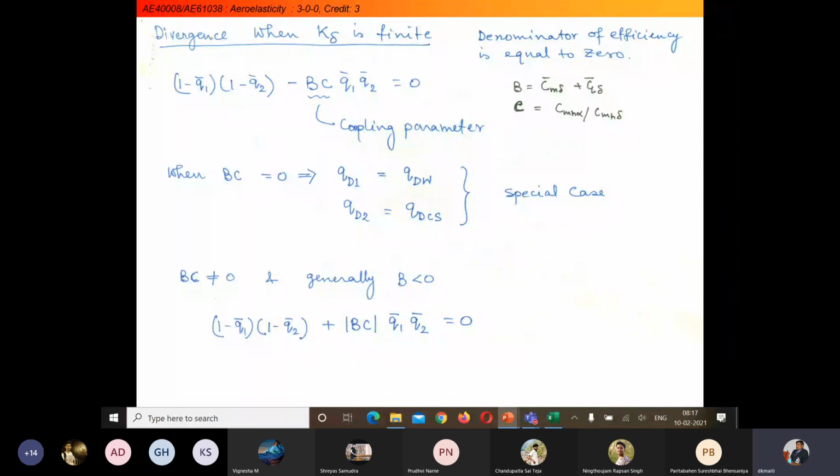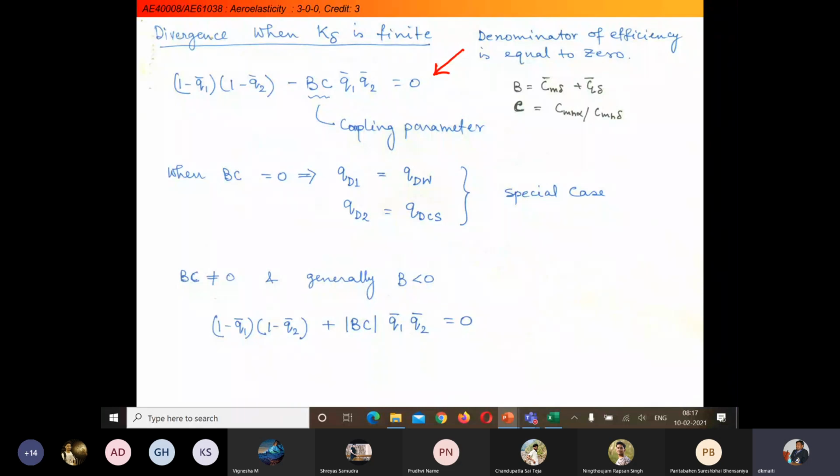The denominator of the efficiency being equal to 0 gives us the efficiency with finite control surface, that has two different dynamic pressures under which it will go to divergence. This is a quadratic equation, and solving it, we can get the two values of the divergence dynamic pressure.